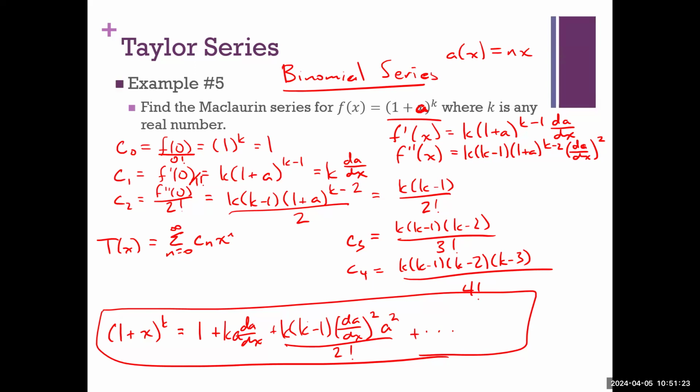What else? To clarify, the case for it to be 1 plus k times the a that we were having, negative 1/4 x times negative 1/4. It's not just x times negative 1/4.